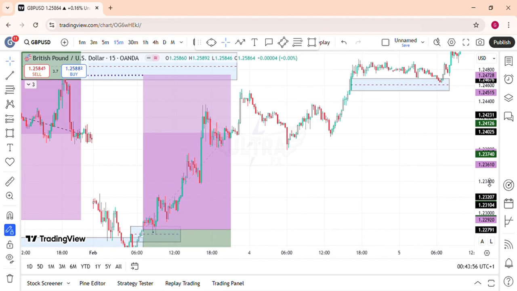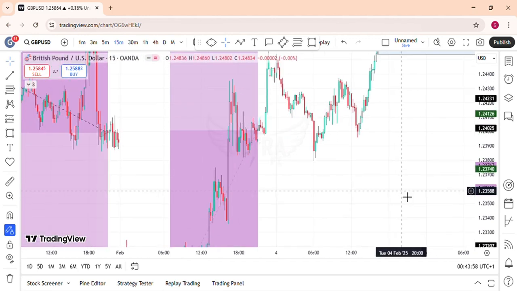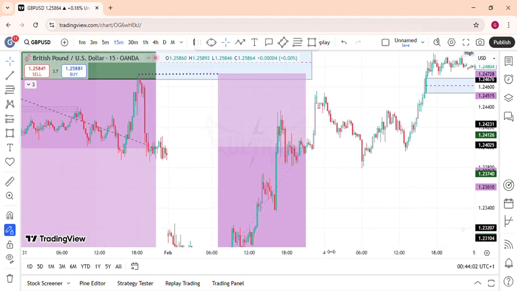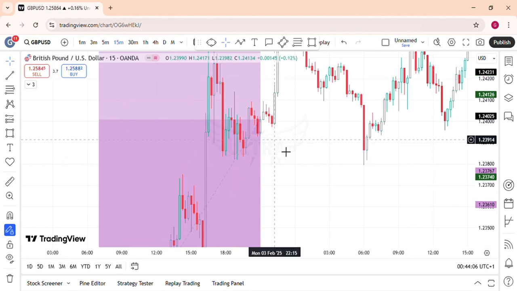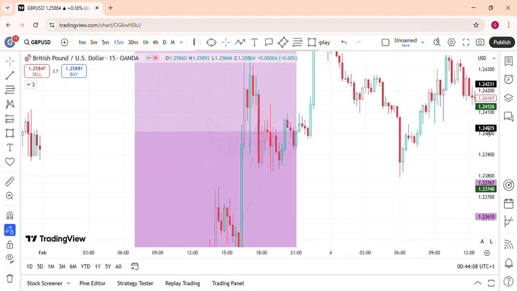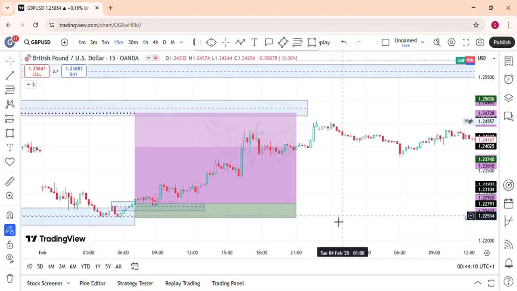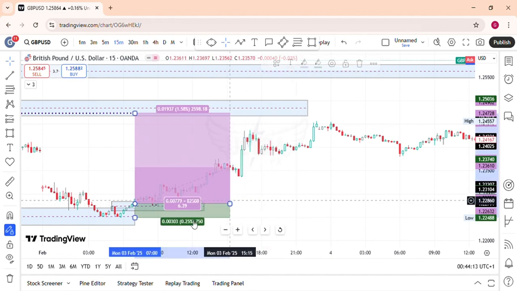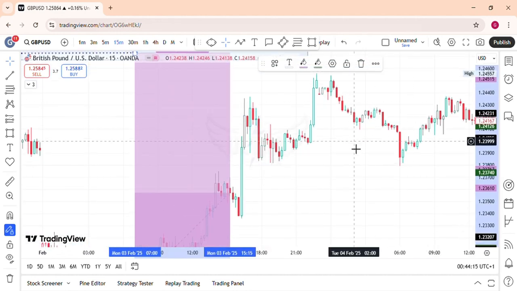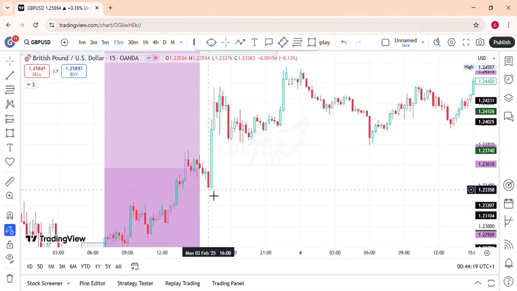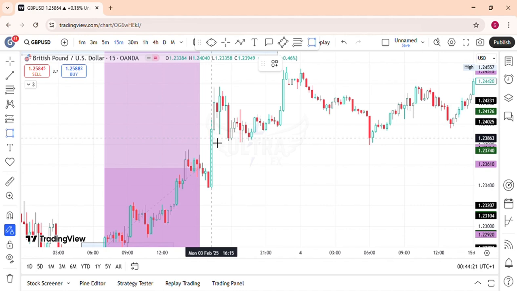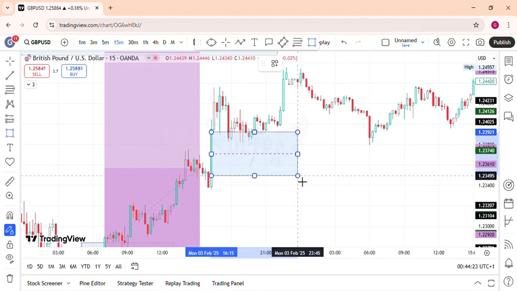So this is another trade where market is coming from a fair value gap. In fact, there are two trades here. So let's take this out. If you want to re-enter this trade, you can as well use this fair value gap right here.